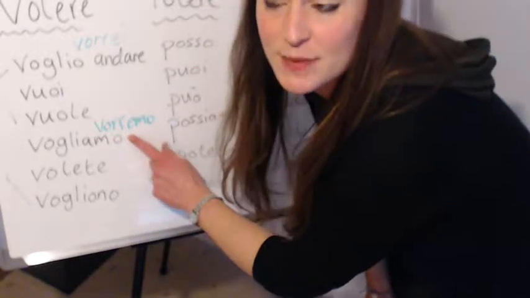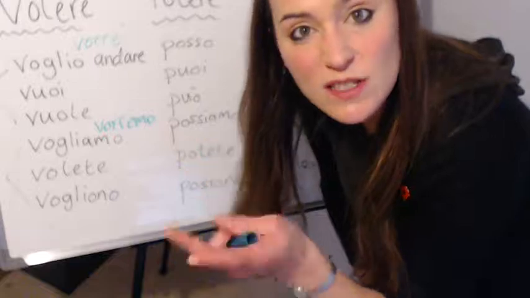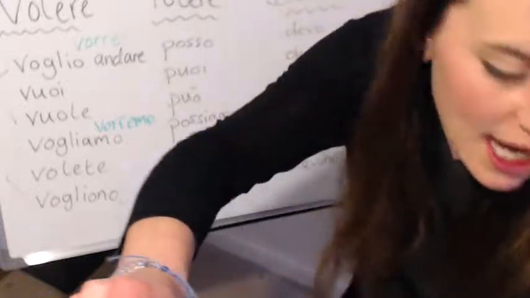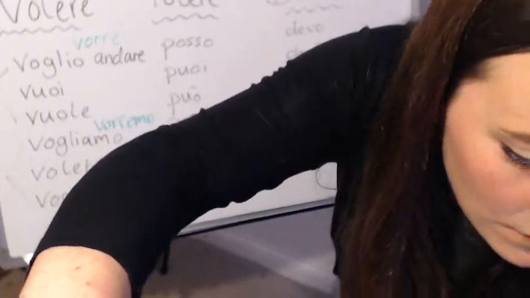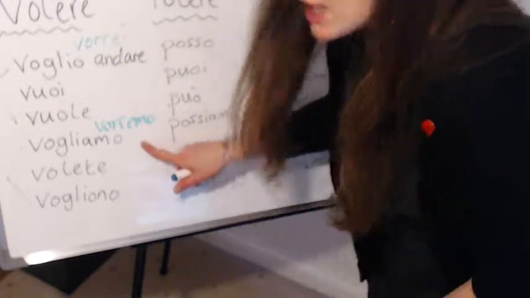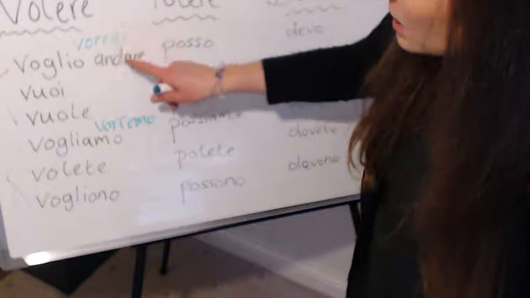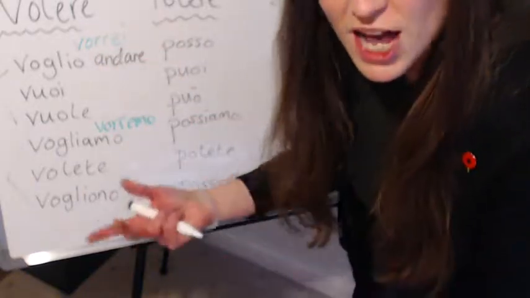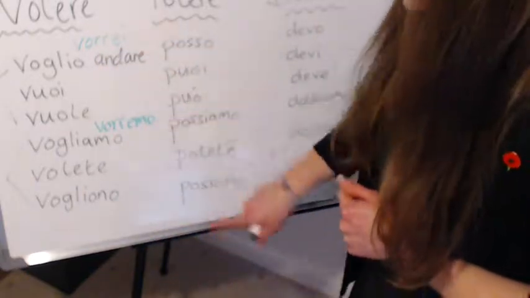Vorremmo. Two R's. That's what I was going to check actually, because sometimes I'm not sure if there's two of a letter or not, but you can just check. So vorrei and vorremmo. In fact, the clue that it's got double R is actually in the vorrei. I would like, we would like.